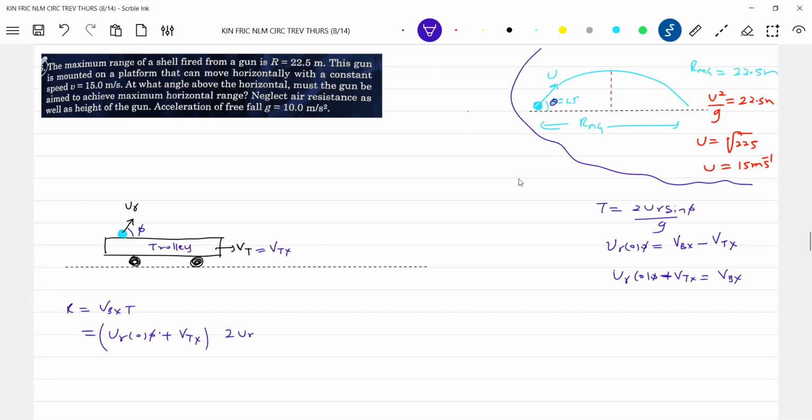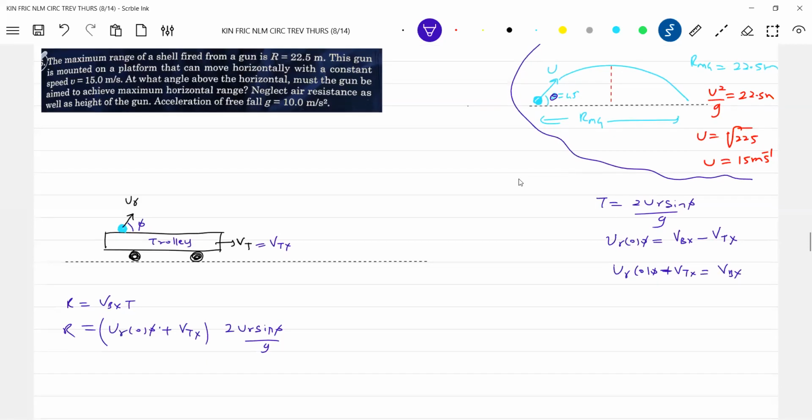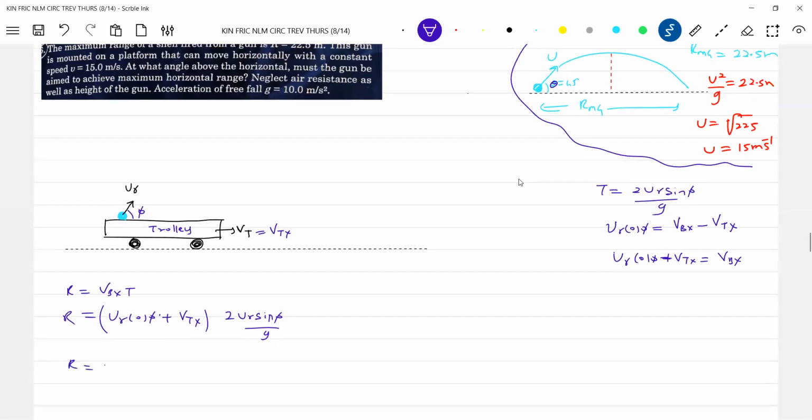Time of flight will be 2 UR sine phi by G. Range is equal to 2 UR square sine phi cos phi by G plus 2 UR Vtx sine phi by G. Let me differentiate this: dR by d phi equal to 0.